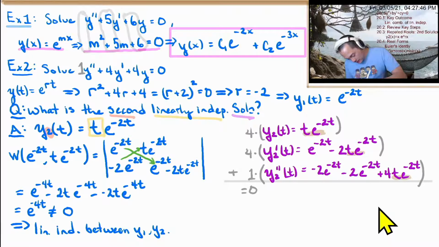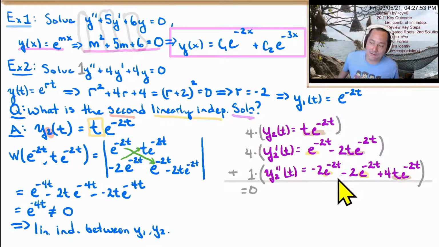Then look at all these just straight exponential, not t-modified functions, and add those up. From y double prime, I have negative 4 e to the negative 2t. From y prime, I have 4 e to the negative 2t. Those add together to be 0. Looking at my underlines, I've taken into account all the terms. So yes, all this sums up to 0. So we have a solution.